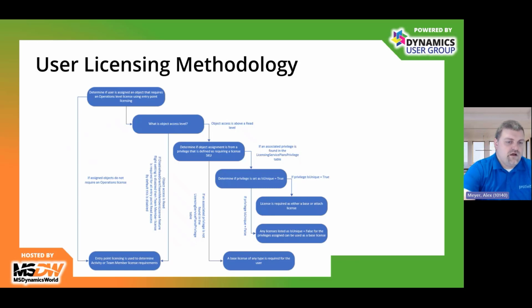This Visio diagram goes through the different decisions that are made and how they determine what a user is required to have from a license perspective. You can absolutely get a higher definition version of this on my blog post or in the PowerPoint that the presentation has afterwards.